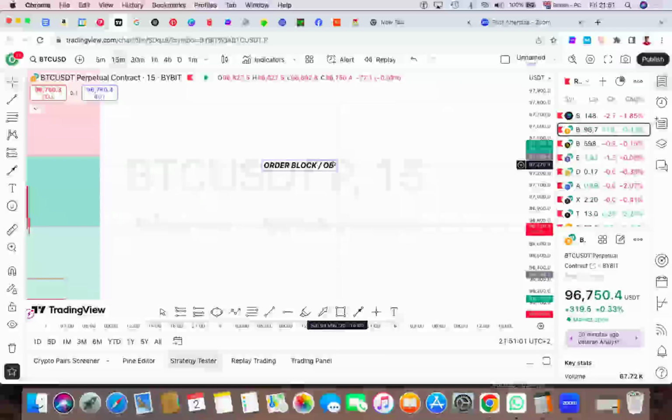Technical analysis is the ability to read charts, like reading numbers in mathematics or words and letters in literature. This is the same thing we do here.